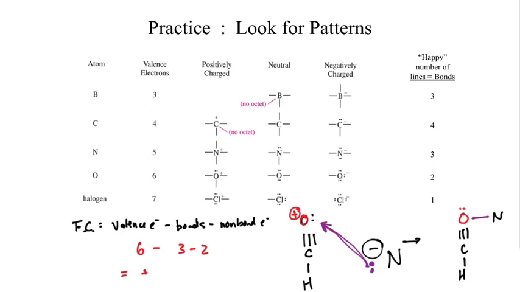All right? So we have to be careful when we look at those charges, because those charges can fix themselves in different ways. Okay? That negative isn't going to go directly to that oxygen. It's actually going to go to other locations. Why those other locations? Does oxygen want to be positive?